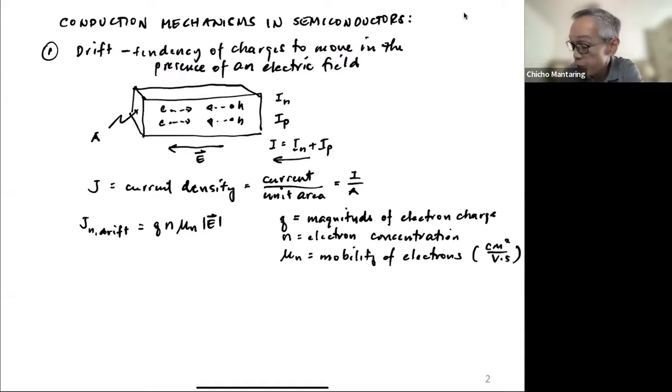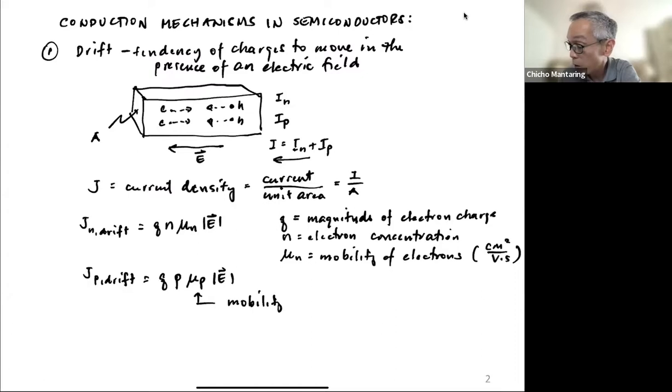And then you have J_P due to drift, and this is q p mu_p times E. No, where of course, p is your hole concentration, and then this mu_p, this is your mobility of your holes.